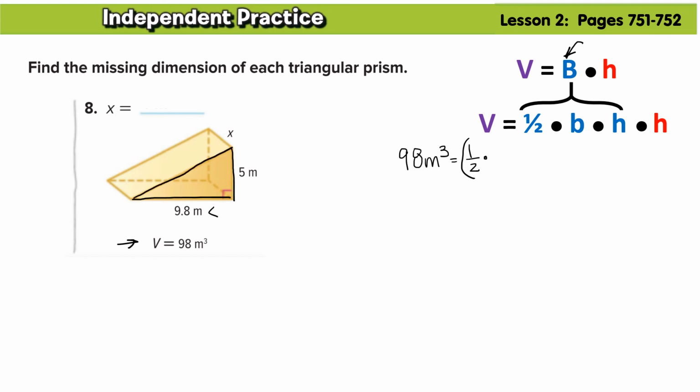The base of our triangle is 9.8 meters, times the height of our triangle, which is 5 meters, times the height of our prism, and that's right here.